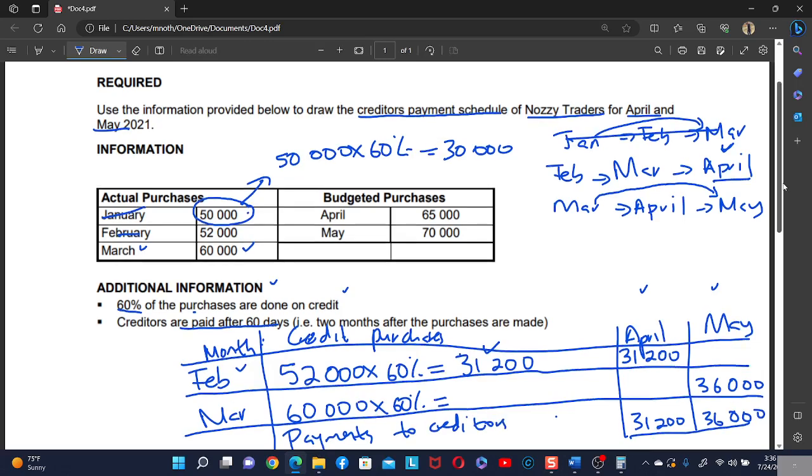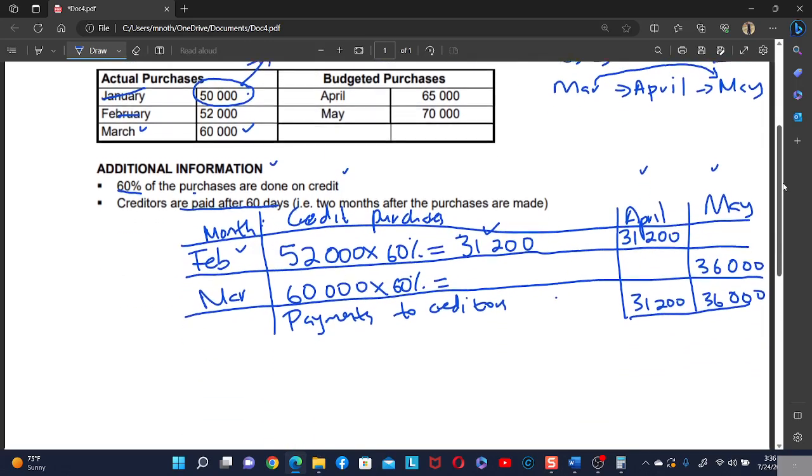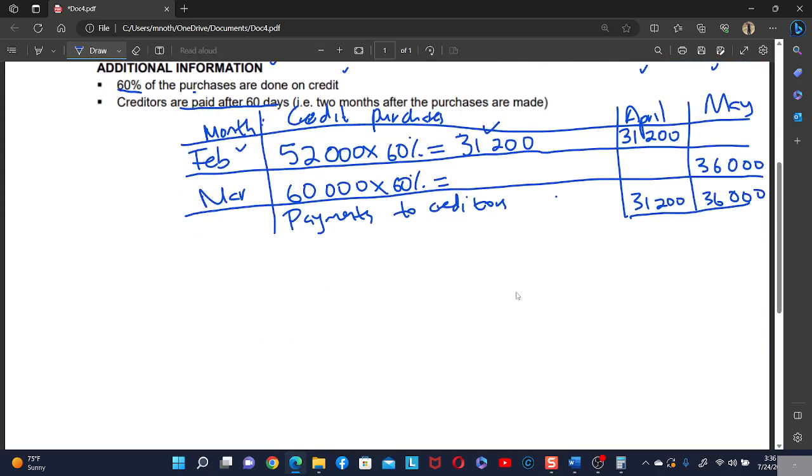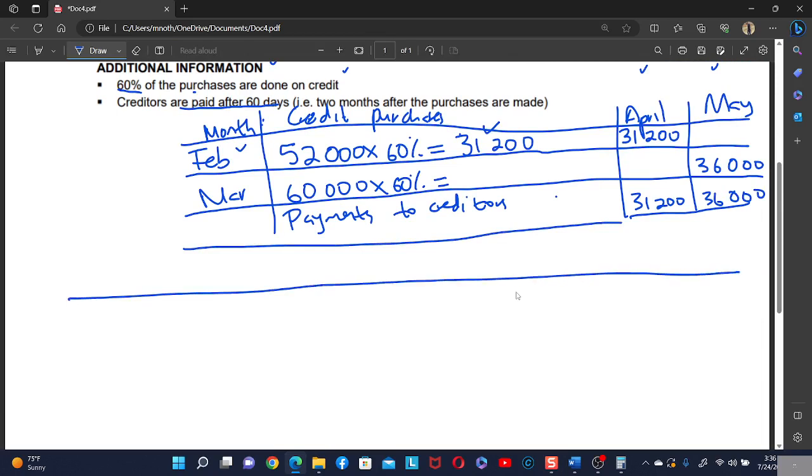Now let's continue. How will this be recorded in the cash budget? These are the payments, so they will go under the payments in the cash budget. We have April, May. So this is the cash budget, and these are the payments.